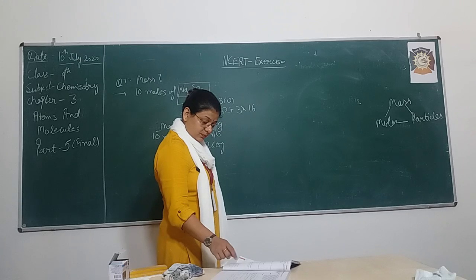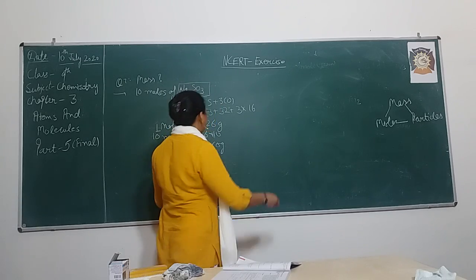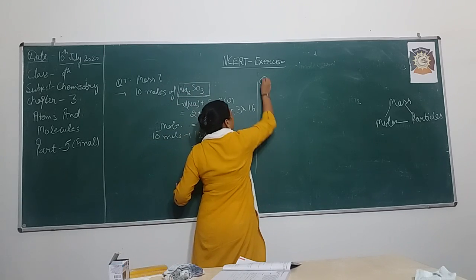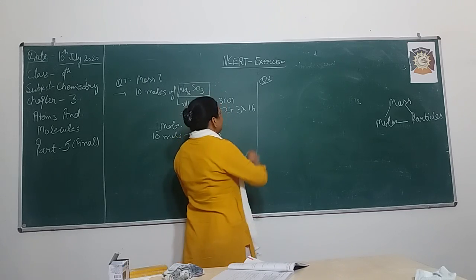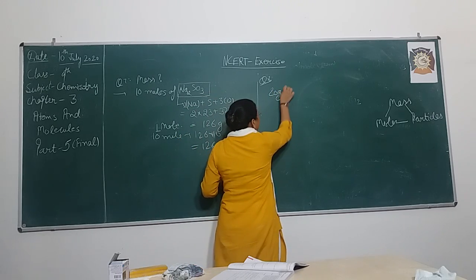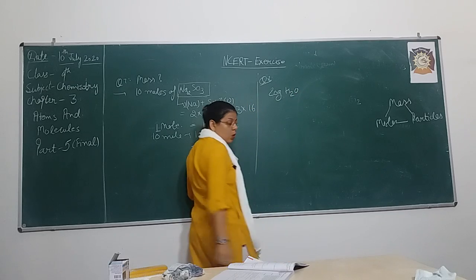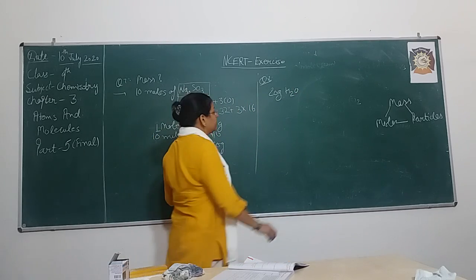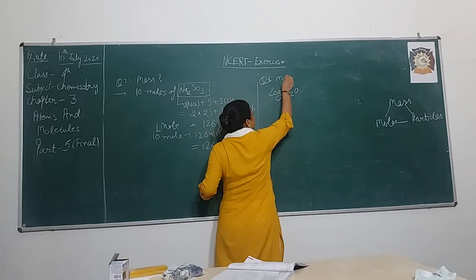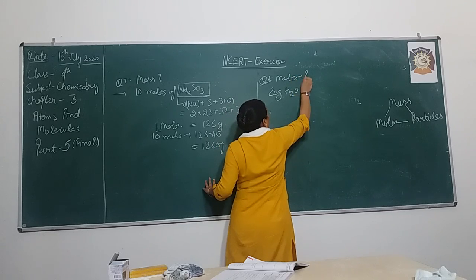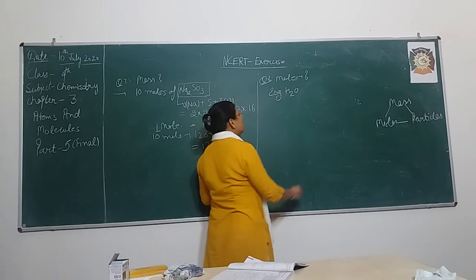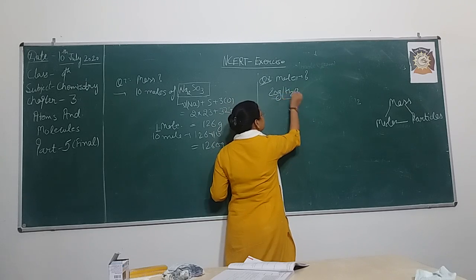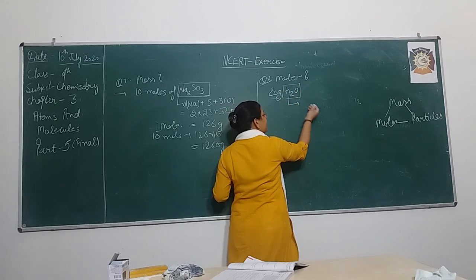The next is question number 8. What is given to us? He has given 20 grams of water. That means mass is given, 20 grams of H2O, and he wants us to calculate the number of moles. So the first step: identify the compound and calculate its mass.